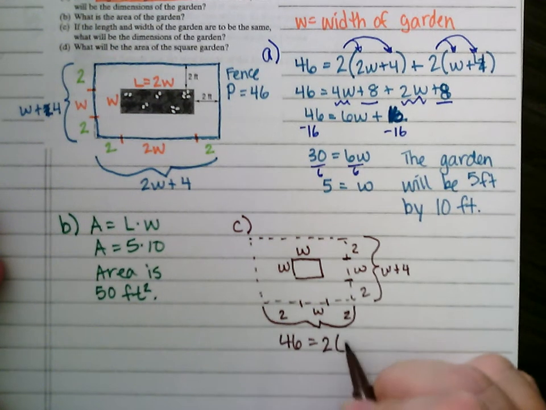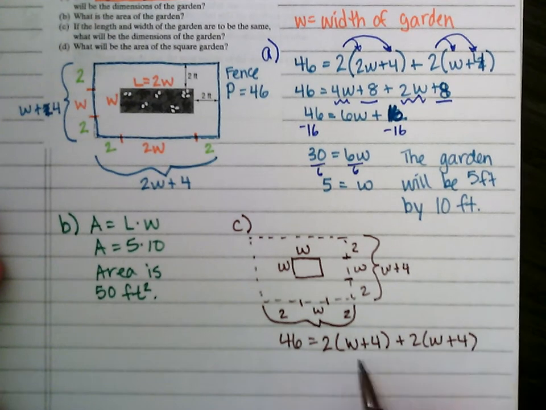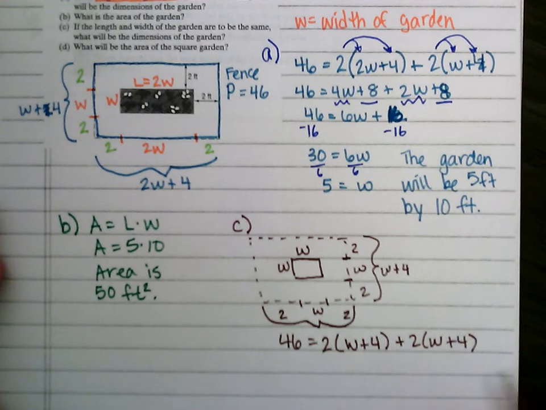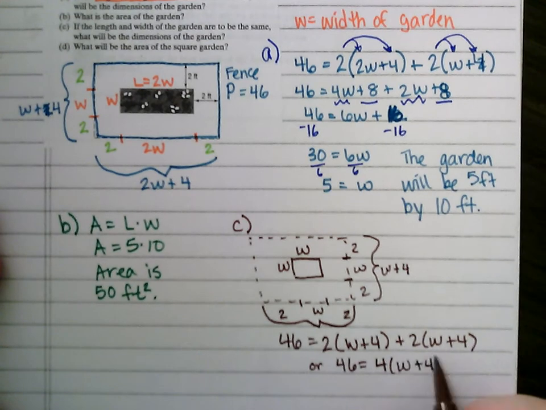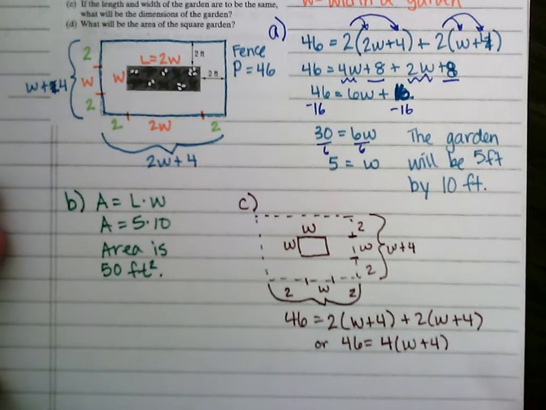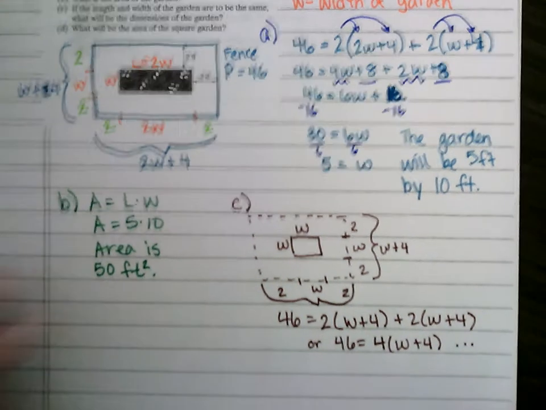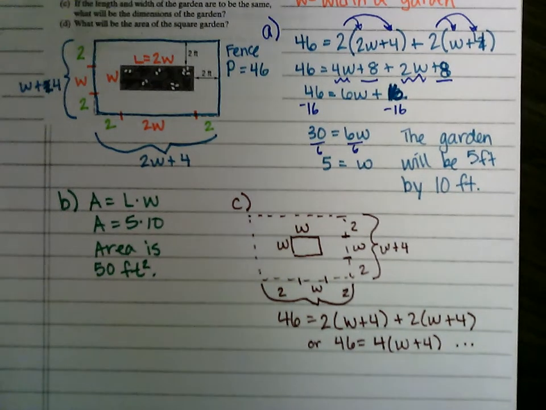Either way, we'll get the same equation at the end. So if we do 2 times W plus 4 plus 2 times W plus 4, or if we do 4 times W plus 4, since all 4 sides are the same, either way we would get the same equation in the end. So we would just go through and solve that like we did the other one. And I don't think you need me to go through those steps again.